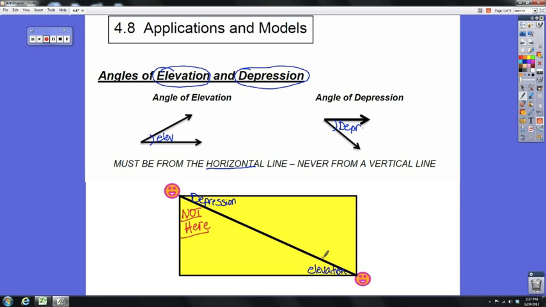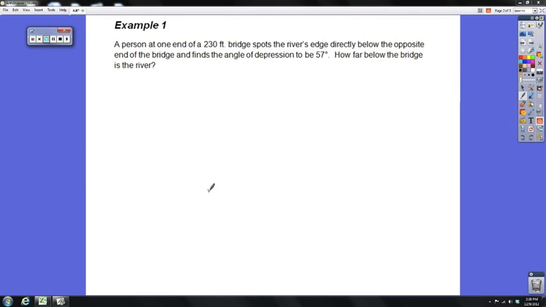If this person is looking at an angle of 30 degrees up at this one, let's say this angle of elevation is 30 degrees, then this angle of depression is also 30 degrees, because you know from your rules of rectangles that these angles would be the same. So just remember that this is not where your angle of depression goes. That's the biggie. Okay, let's try a problem applying this information.